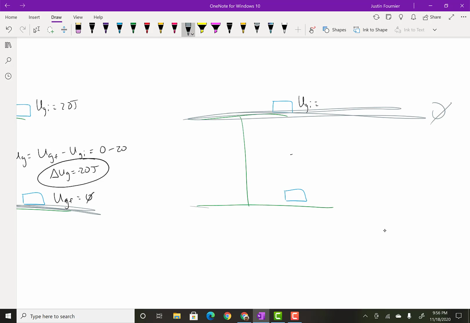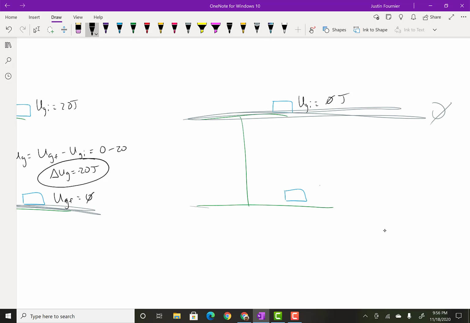So now here's my zero mark right at the table. My zero mark is at the table. So my initial gravitational potential energy is going to be 0 joules, right? Because it's at my zero mark. The height is 0. The elevation above my zero mark or below my zero mark is 0. So therefore it's going to be 0.